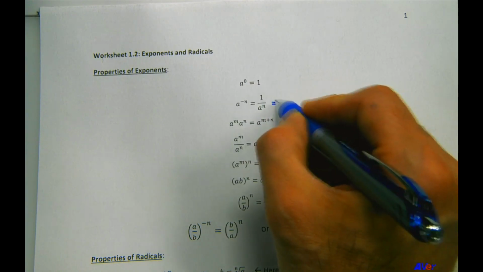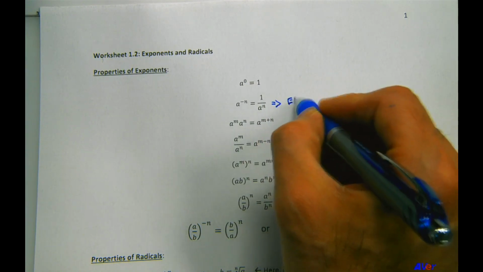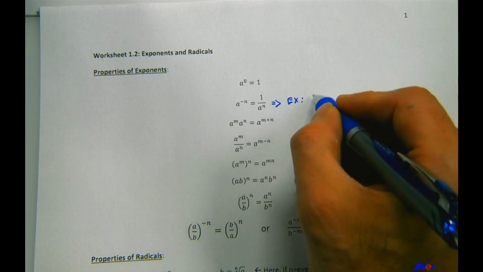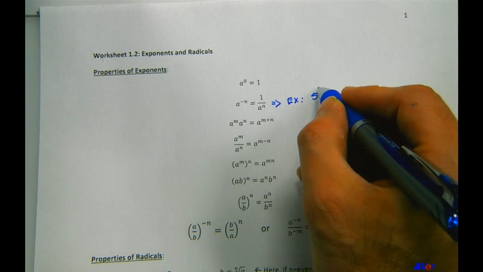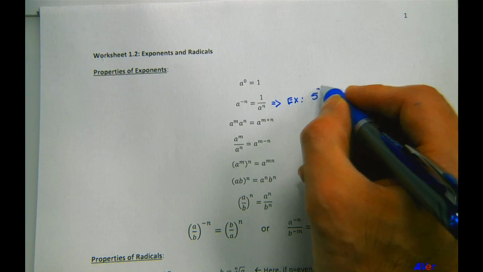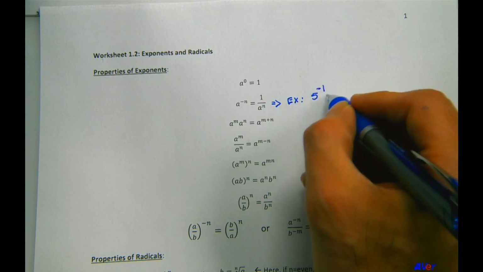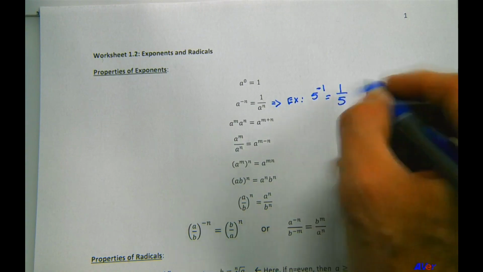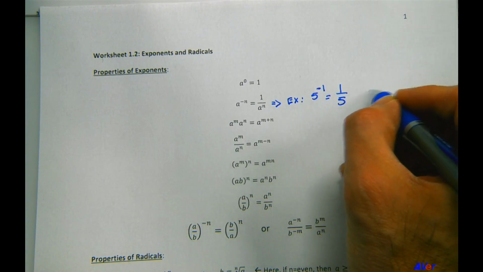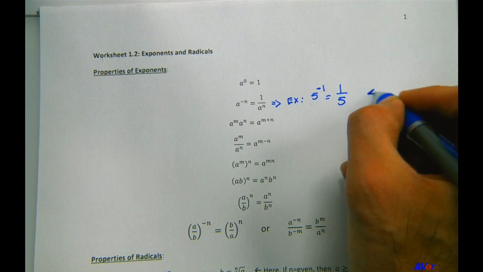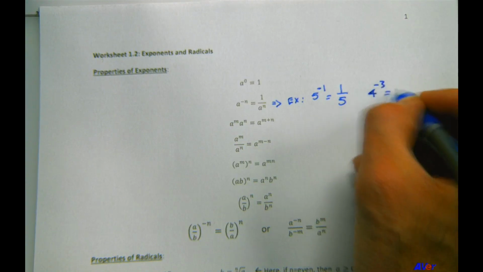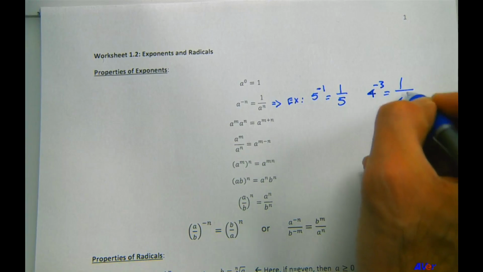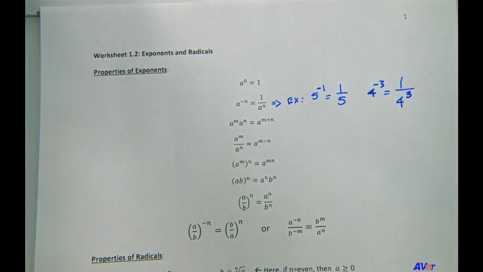So as an example, if you have, say, 5 to the minus 1 power, you can rewrite that as 1 over 5. By the same token, if you have, say, 4 to the negative 3 power, you can rewrite that as 1 over 4 cubed.